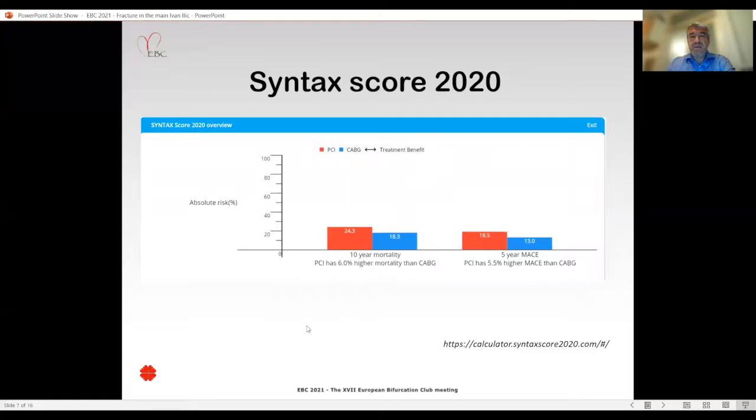The recently developed SYNTAX Score 2020, which used the data from the SYNTAX trial and another 3 trials that analyzed patients with multivessel disease, showed that there's a slightly higher mortality with PCI and MACE events compared to CABG.